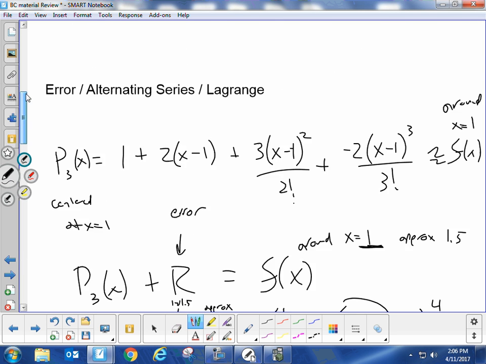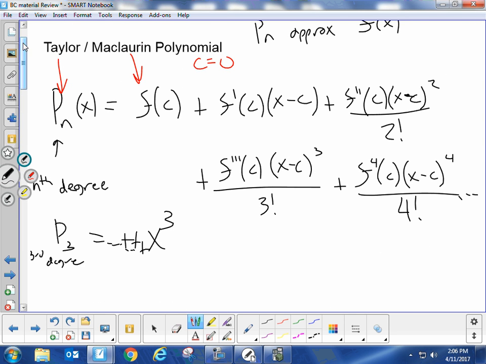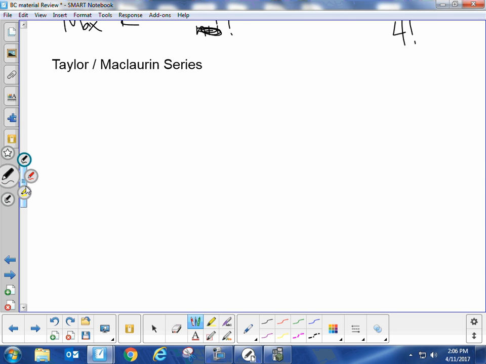Now, those are polynomials, which means they had a finite number of terms. They stopped eventually. This would be a 4th degree Taylor polynomial. The 3rd degree would just stop at the 3rd term. Well, if we talked about series, this would be when we went on for infinity. So we would just continue to add the next term and the next term.